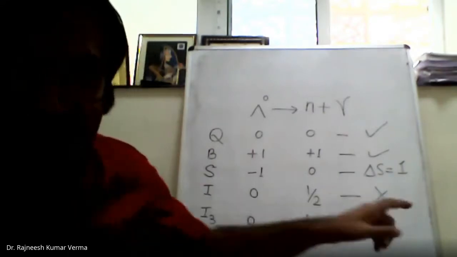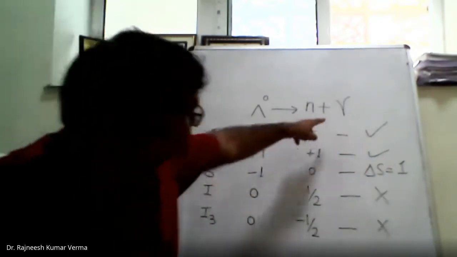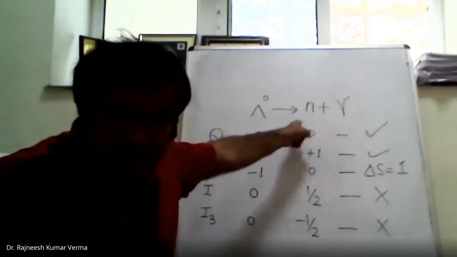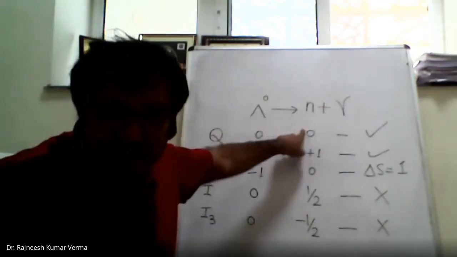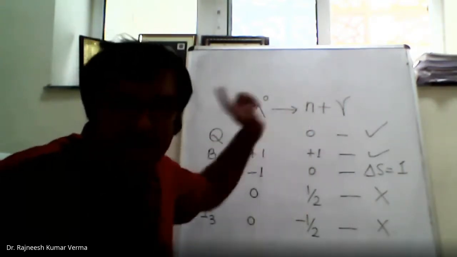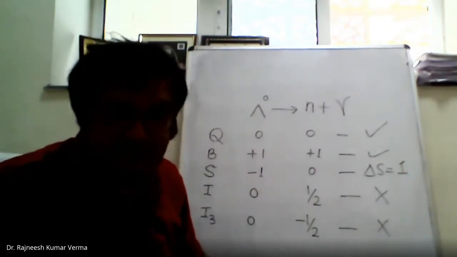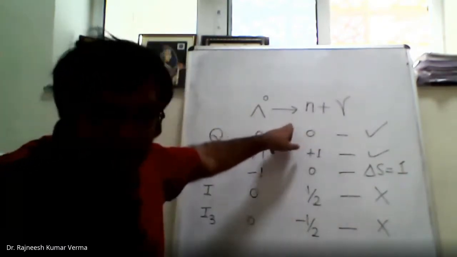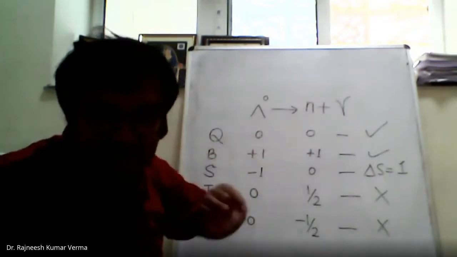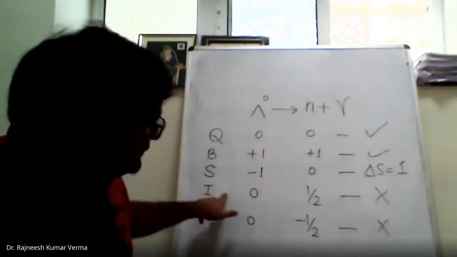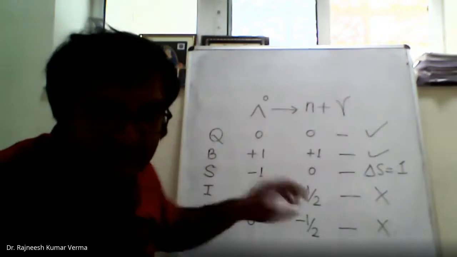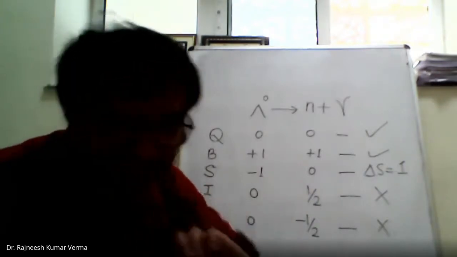So, since here a gamma photon is involved, if this reaction can take place, it will occur via EM interaction. Otherwise it is not feasible. For electromagnetic interaction, it is a must that both I and I3 should be conserved. You can check from the table.